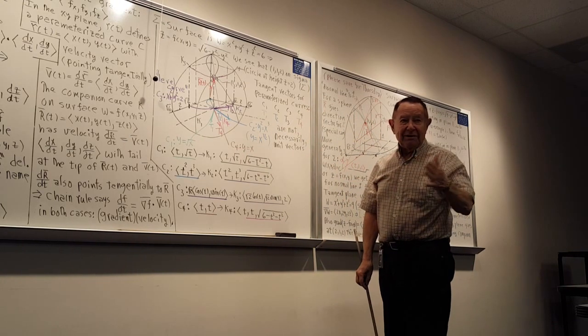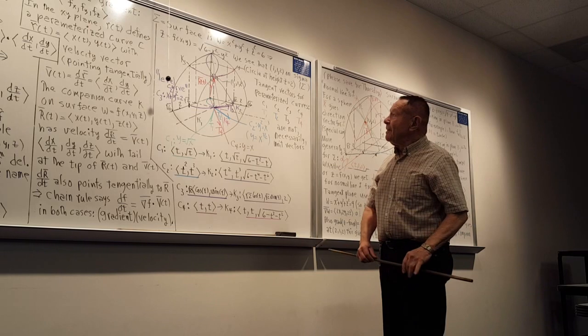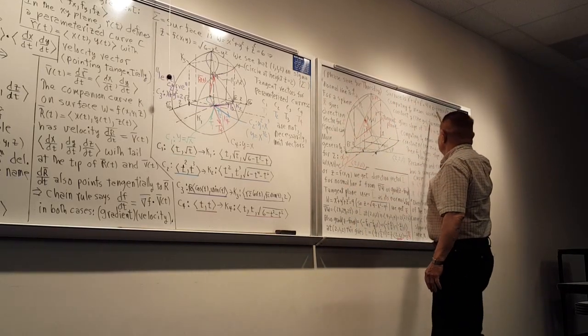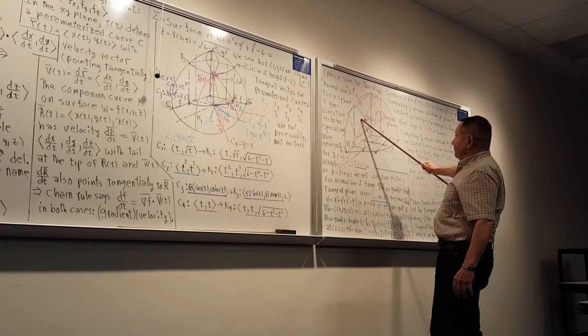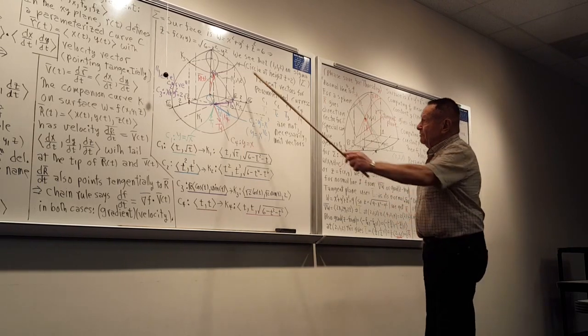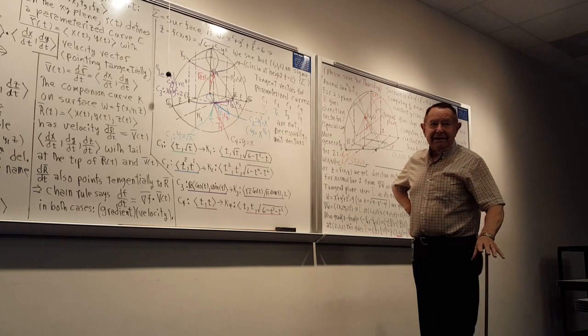So that helps me make a picture that shows what I'm trying to show. So that's why I've switched from the example from last week, which is still over here, that we'll work with some more, to this example. But they're both the same idea.